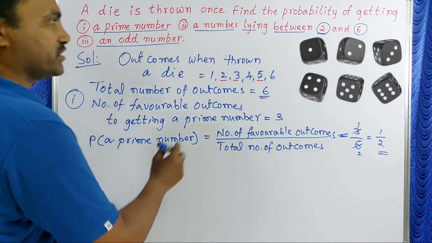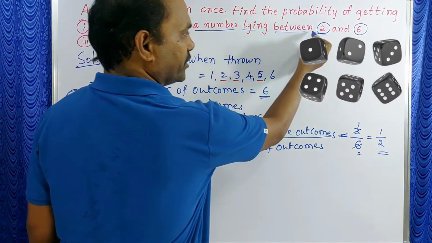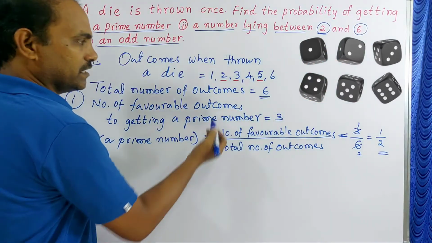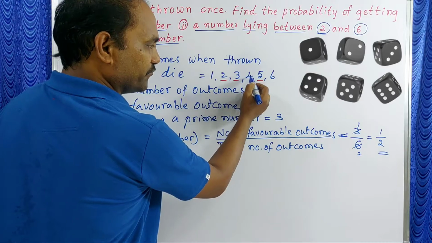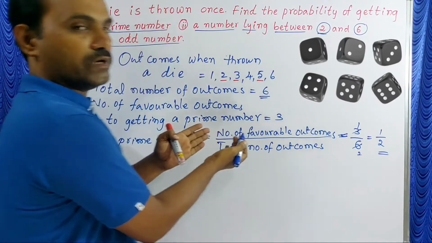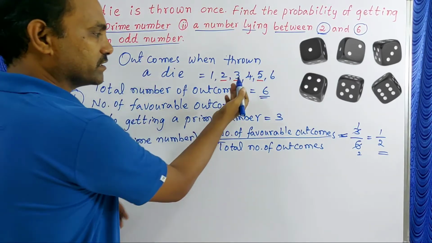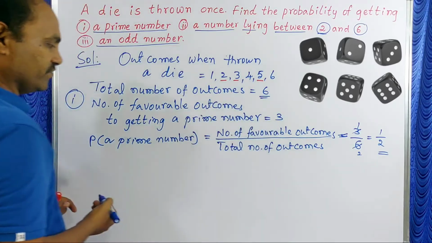Yes. Second question, a number lying between 2 and 6. Lying between 2 and 6: 3, 4, 5. In this case also, favorable outcomes are 3 only.